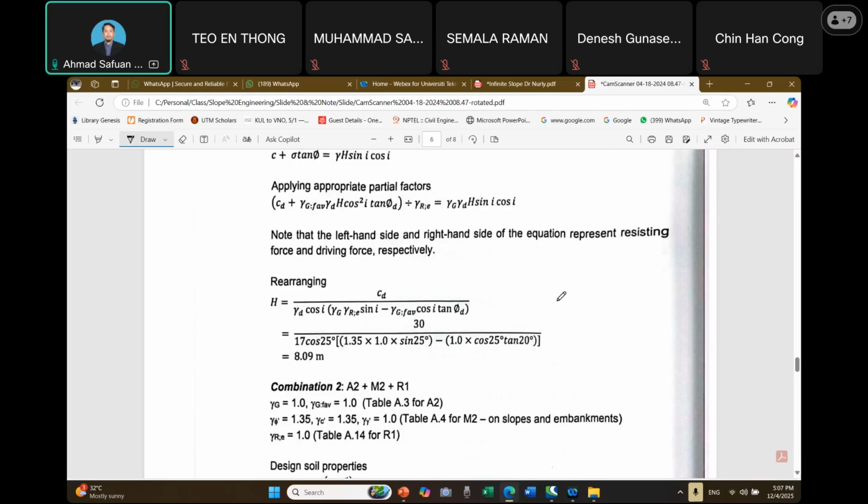So c D over gamma D cos i, gamma G, gamma R sin i, gamma G favorable cos i tangent phi, we obtain H equal to 8.09. So that is for combination 1.